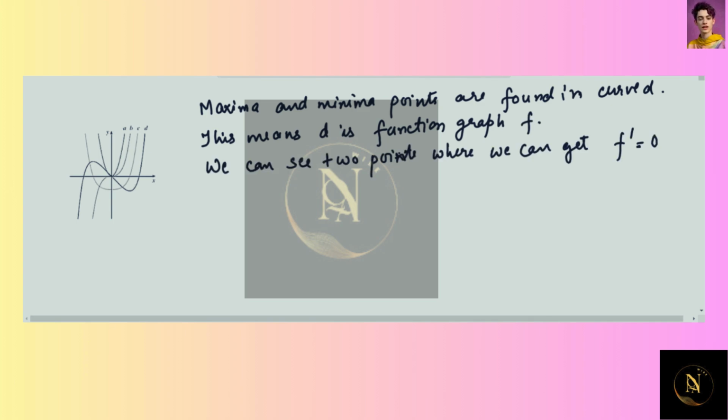Now here we have 2 points, 2 points we are getting here for graph D. So obviously, where we get f dash equals 0, there must be 2 points again. So only 2 points are available in curve C.